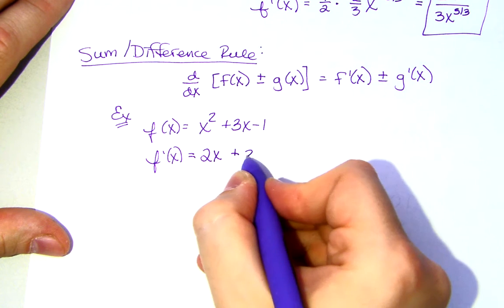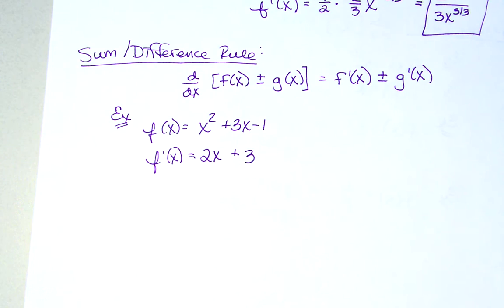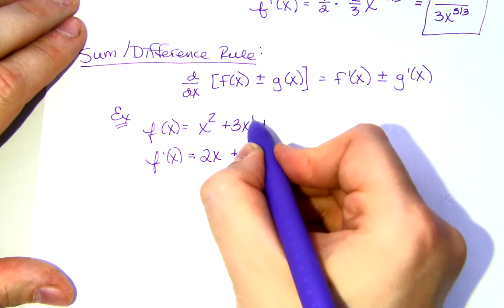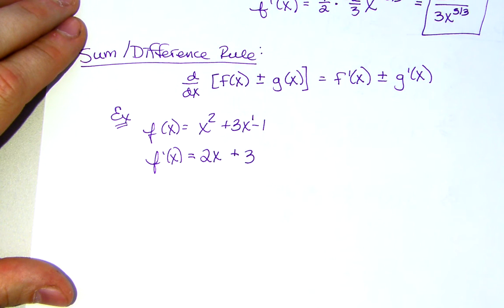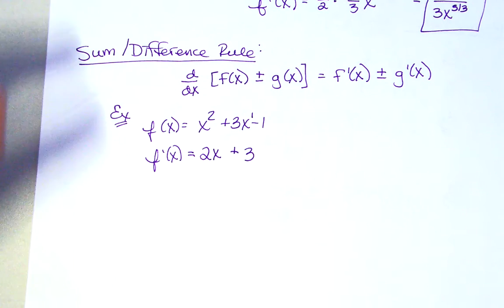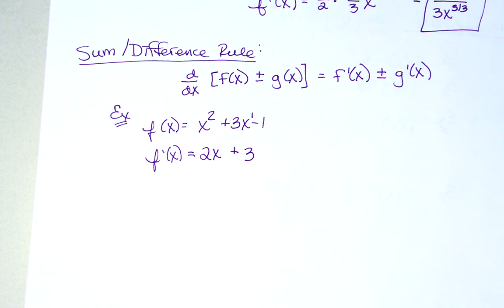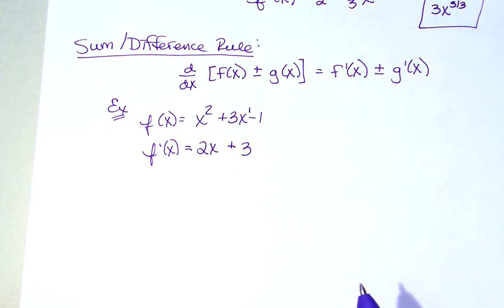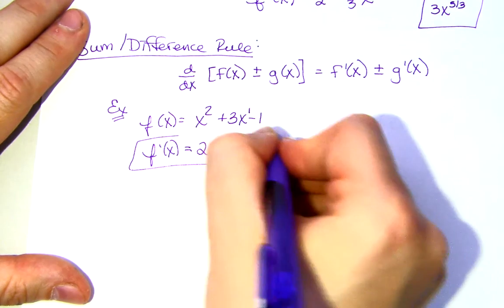That's using that x rule that I gave you and the constant rule. Or I suppose you could use the power rule. This is like x to the first. Move the 1 out front. 3 times 1 times x to the 1 minus 1 is 0. X to the 0. 3 times 1, 3. What's the derivative of minus 1? 0. What's your derivative of that polynomial?